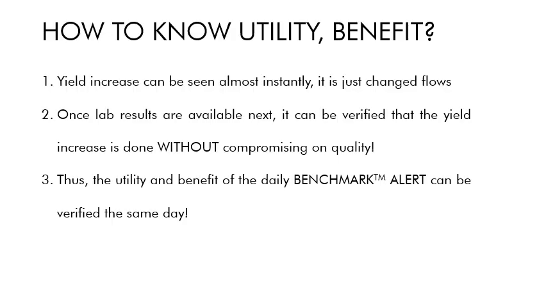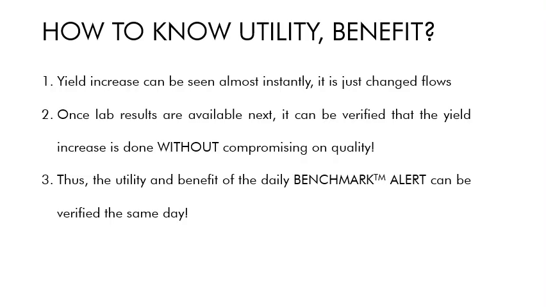Now, how can the utility be seen? It can be seen almost instantly. Once the report is received, the operator can look at it and say whether this makes sense or this is nonsense. If it makes sense directionally, he can simply put those settings in the plant, increase the flows, and the yield increase can be seen almost instantly. As soon as the flows stabilize, the higher yield can be seen.